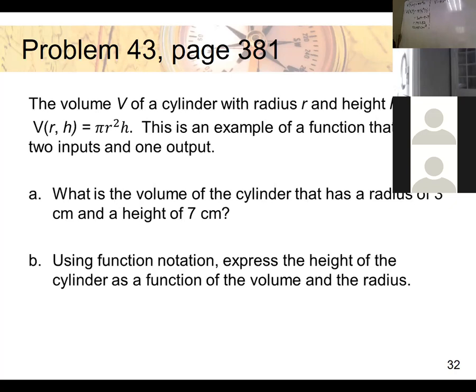In other words, they want that H by itself. We need to solve this for H. And we're multiplying by pi r squared, so we're going to divide both sides by pi r squared.